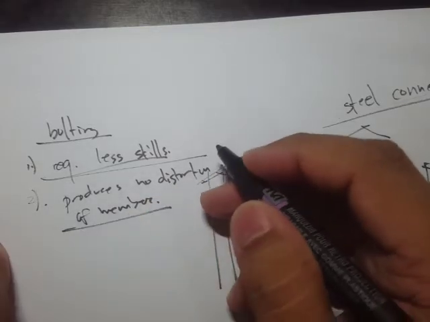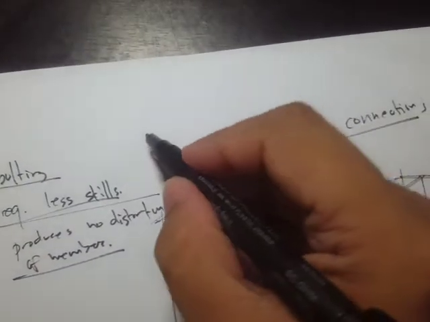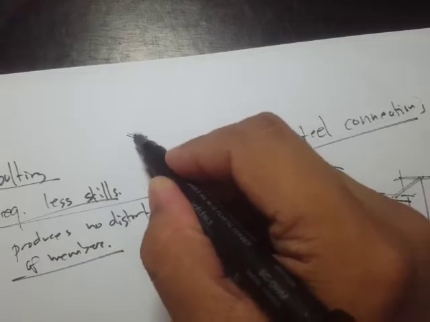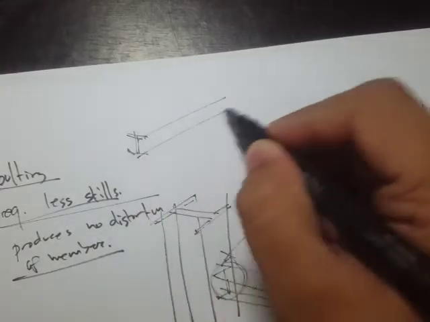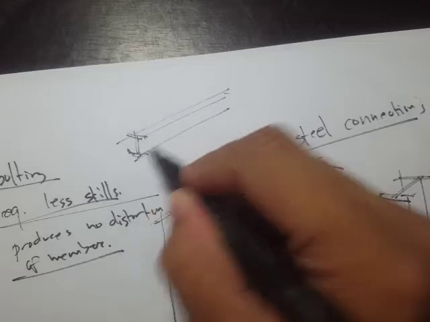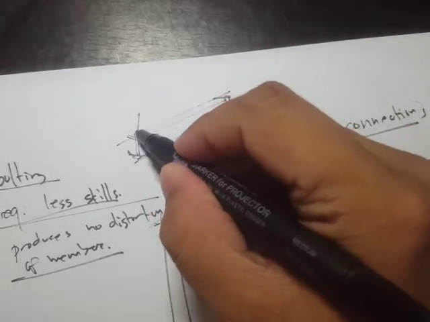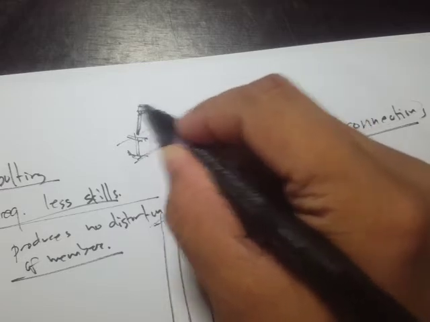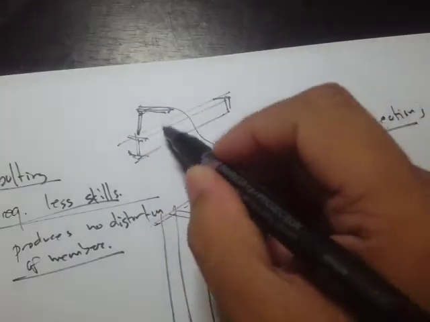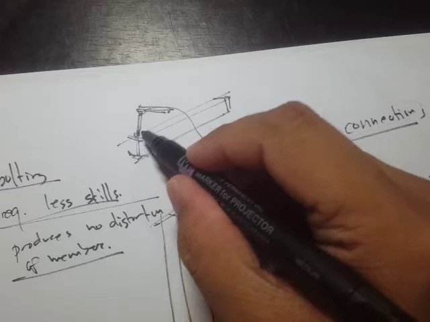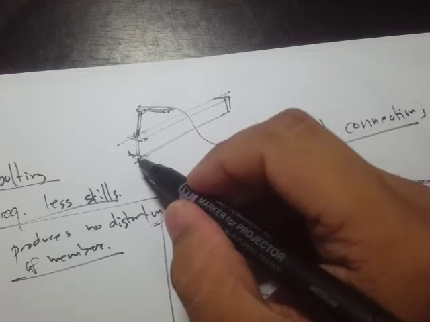What I mean by this is, if you're doing a weld, for example, this is our steel bar, and let's say you are welding on this point. Okay, so this is our welding rod, and I'm trying to weld somewhere here.